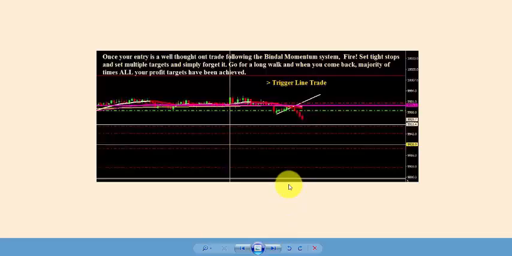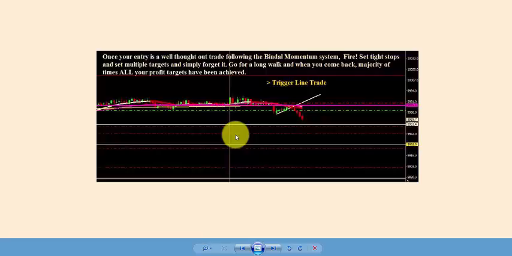As I explained, when you have a well thought out entry following the Bindal momentum system, as soon as a setup happens, you fire. Often my stops are very tight, and as you saw, I used the 1 minute chart to enter, and that is how the algorithm for the Bindal momentum is programmed.